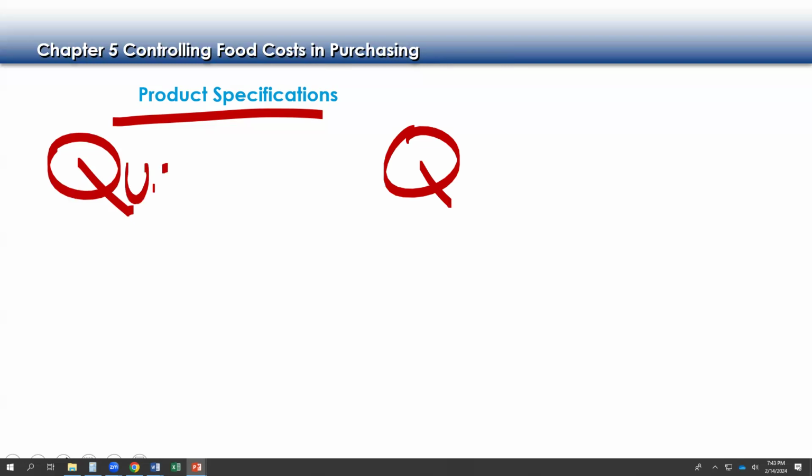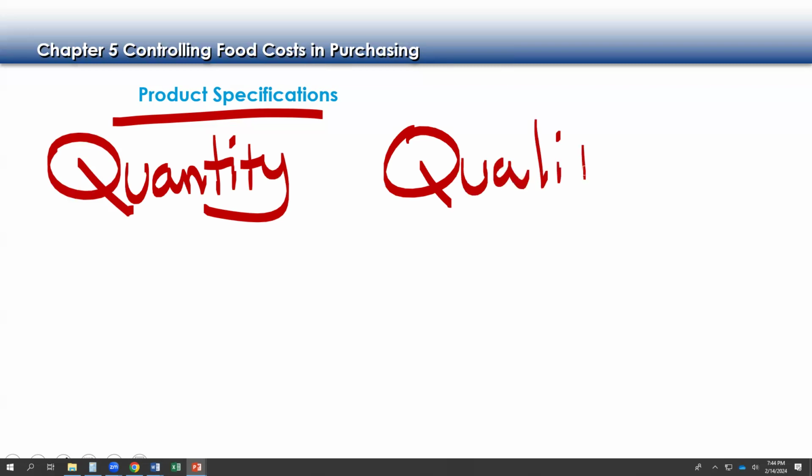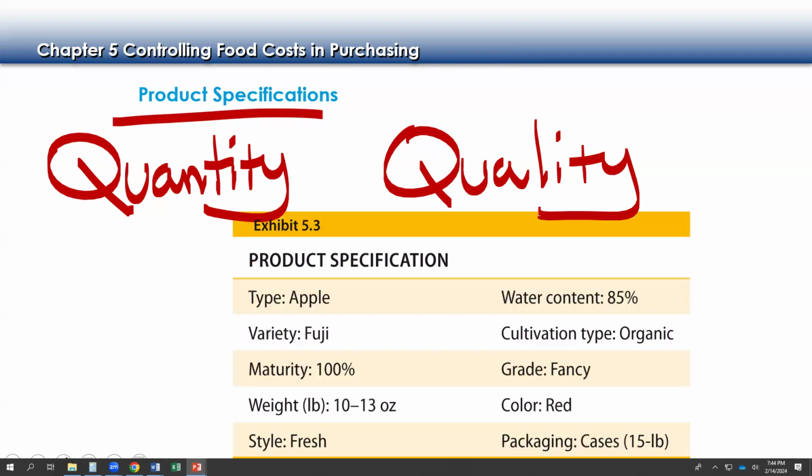Quantity. Good. And the other is quality. Quantity and quality are the 2 categories that help us identify our product specification.